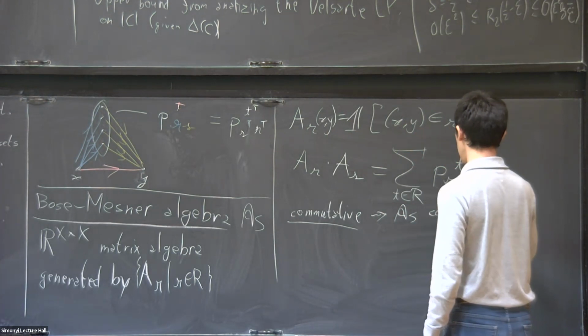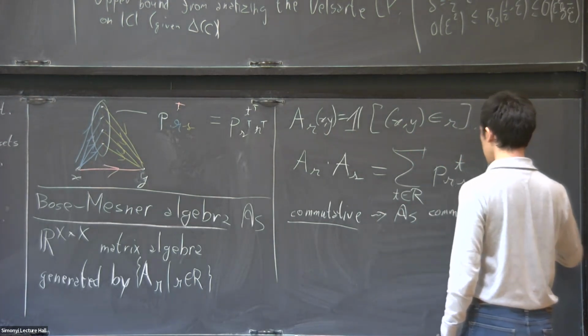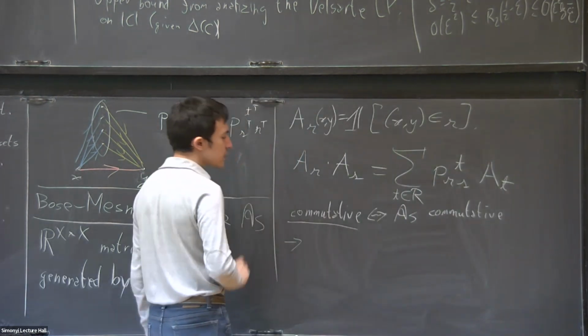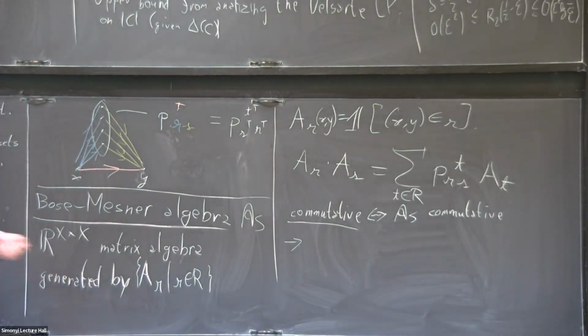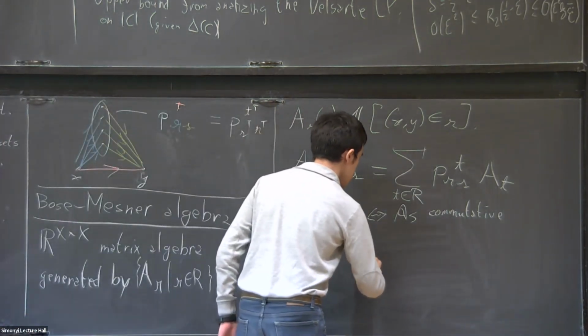A is commutative. And this means that if you have now a bunch of matrices that are commutative, you can diagonalize them simultaneously, right? So A is simultaneously diagonalized.